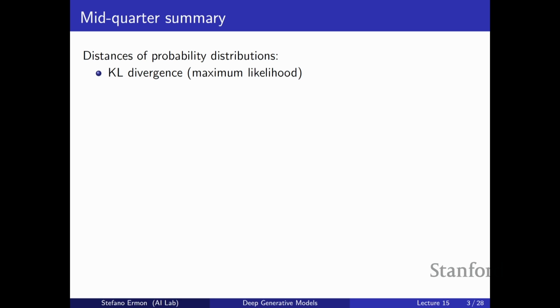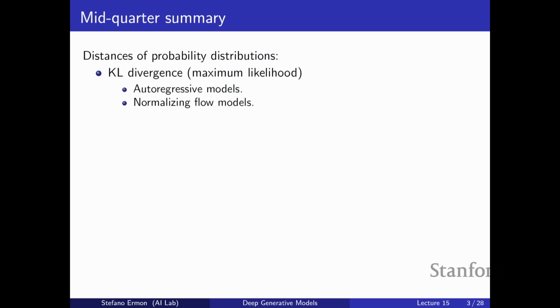We talked about a number of different training objectives that you can use to fit a model to data. Minimizing KL divergence is the same as maximizing likelihood, which is a very natural objective to use whenever the likelihood is accessible directly. If you're modeling the probability density function or probability mass function directly, this is a very reasonable objective to use.